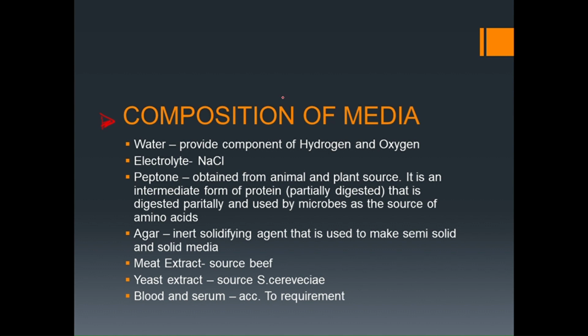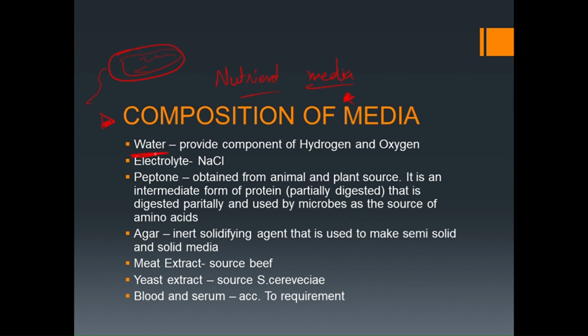First of all, as I have explained to you earlier, it is also called nutrient media. So basically what we are trying to grow here needs nutrients. If we are trying to grow some bacteria, bacteria need nutrients, and those nutrients are as follows.